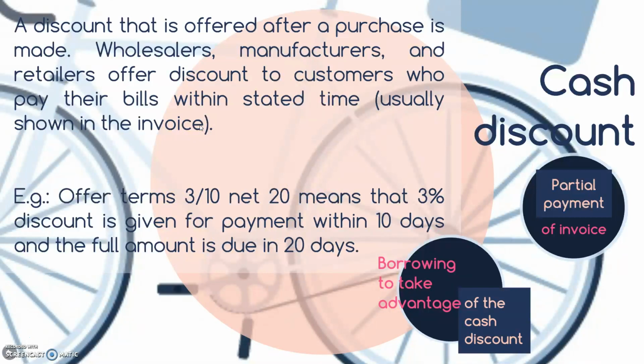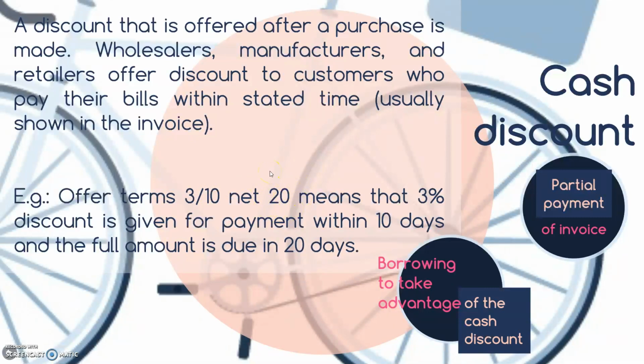This is the case for those who do not pay directly after the purchase is made, so they write it down in the invoice. If it is written 3/10 net 20, it means that 3% discount is given for payment within 10 days, and the due date is in 20 days.